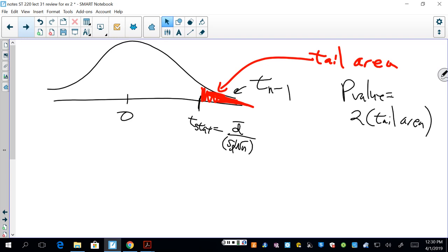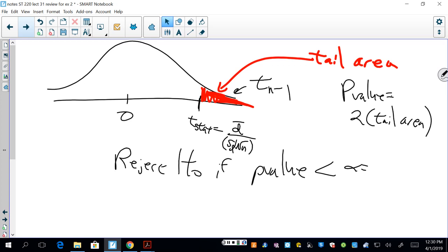If the p-value is less than 0.05, that means that we're out here a long distance, we have a tiny area out there, and then we reject the null hypothesis if the p-value is less than our alpha 0.05 level. Otherwise, we don't reject. And that's equivalent to testing with a cutoff value, right? The t 0.025 tail. If you're beyond that, you're going to get a p-value that's small.